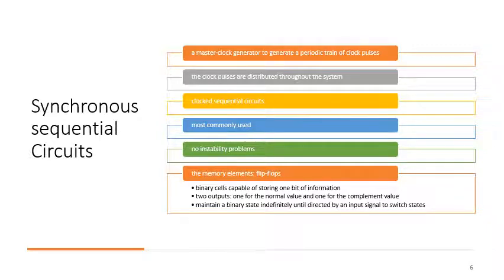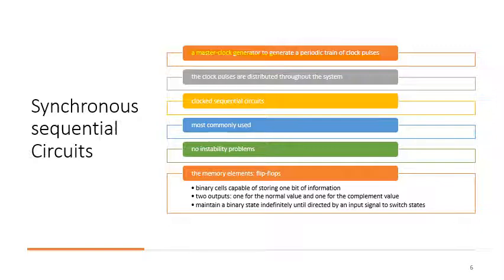So as far as the sequential circuits are concerned, a master clock generator is required to generate a periodic train of clock pulses. Since we are achieving the synchronization process by synchronizing our inputs with some specific event of the clock, we do need some clock generator circuit that is responsible to produce those clocks, which will later be used in order to achieve the synchronization.